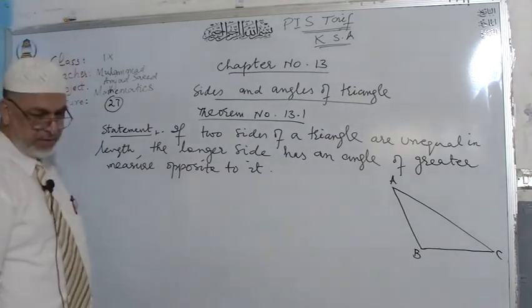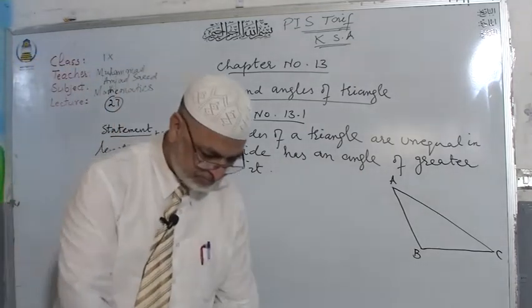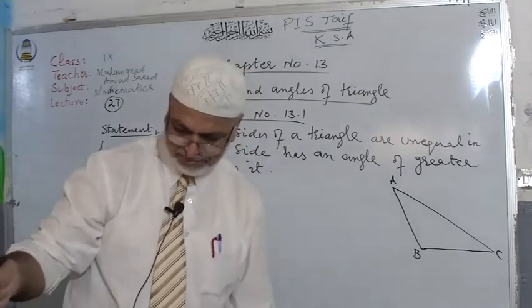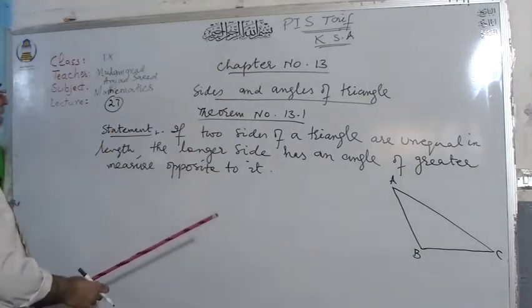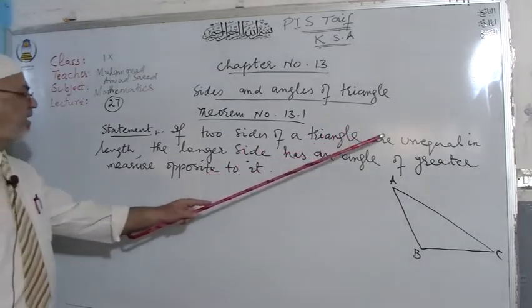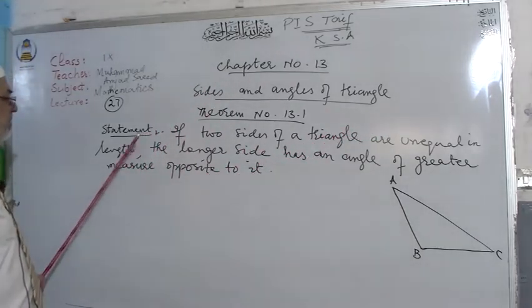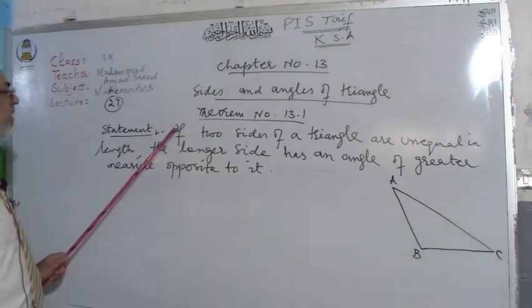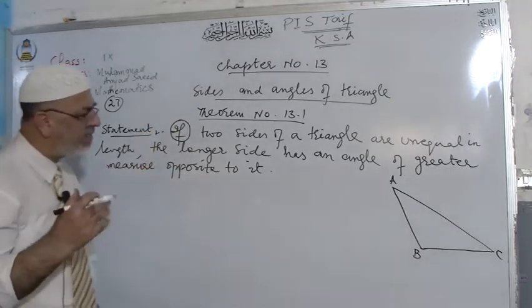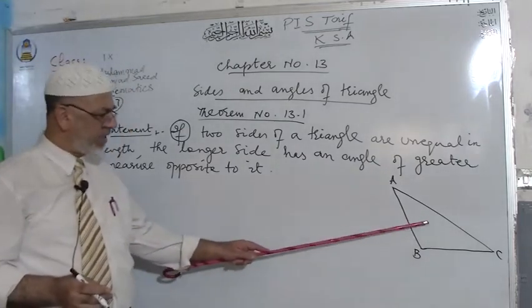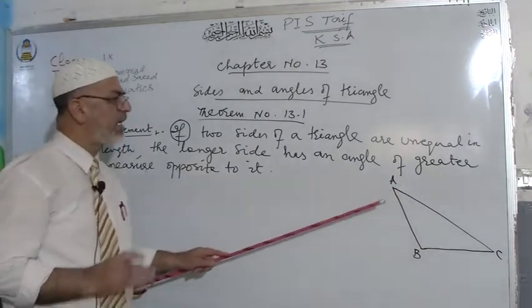Listen carefully, my dear students. Here we have: if two sides of a triangle are unequal in length, this part is given. What is given? There is a triangle and its two sides are not equal in length.